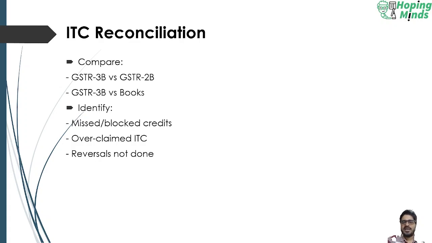To reconcile this data, one must identify the mixed invoices or the blocked credits. Then if any ITC has been overclaimed, such must be adjusted in the subsequent period return, and reversals, if not done, must be done in the subsequent period, and for the time being it must form part of the reconciliation statement.